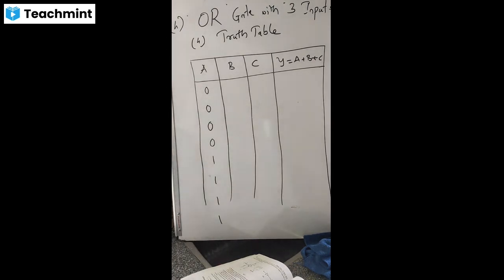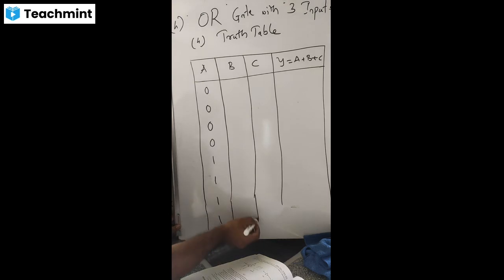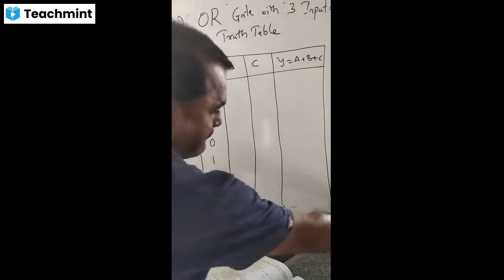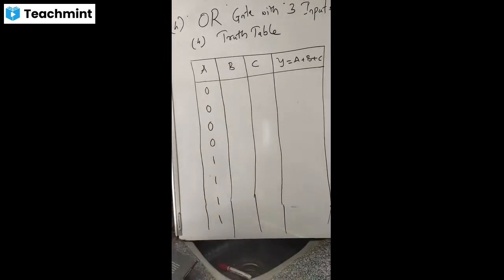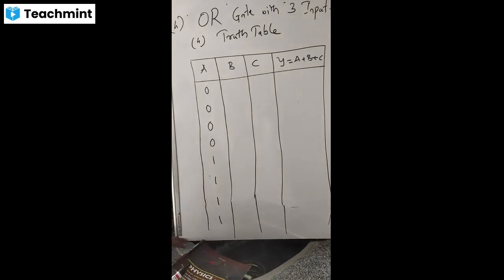So what we have to do? 1, 2, 3, 4, 5, 6, 7, 8. That is why I didn't complete it. Okay. Is it visible? Hello?